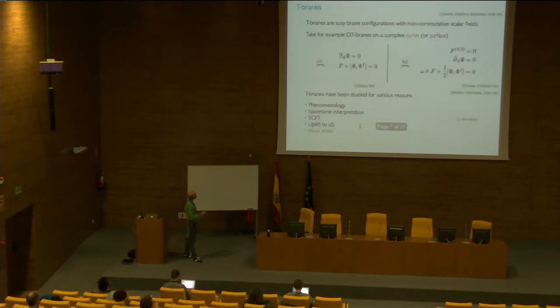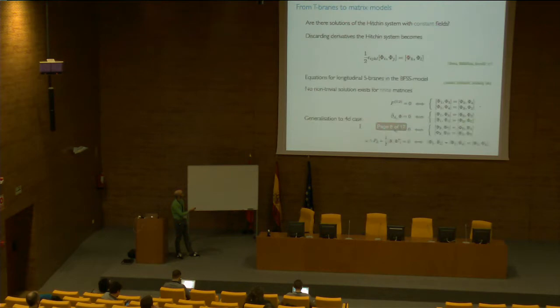If you look at how Hitchin got this system, he was trying to look for solutions of the self-duality equations in 4 dimensions, but with an isometry in 2 directions. So he took the gauge fields to be constant in 2 directions. One can take this to the extreme and ask, can we look for solutions where the fields are all constant?